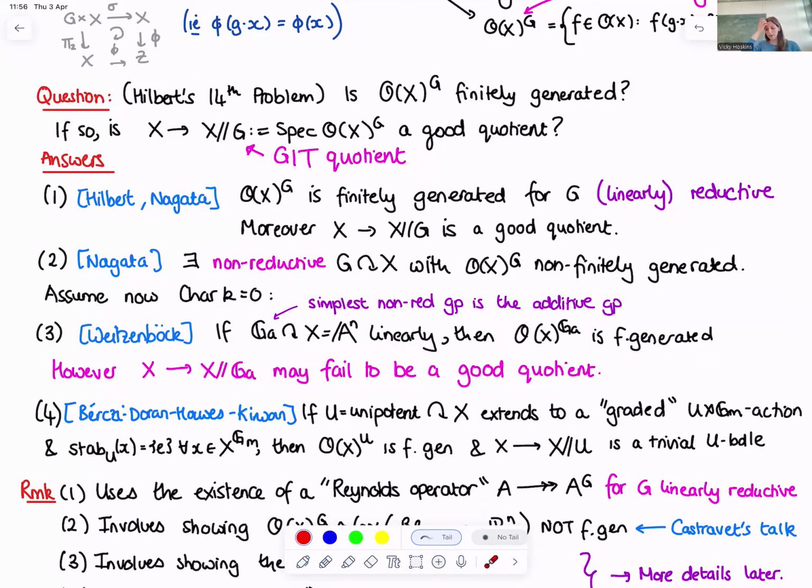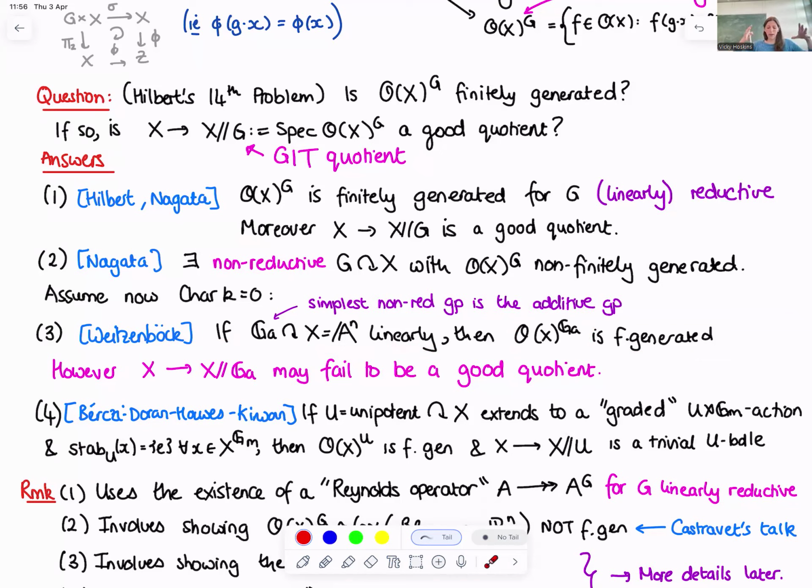But unfortunately, when you take this induced GIT quotient, it's not going to have the properties of a good quotient. So for example, it might not be surjective. And even if you just look at the image of this map, the image might just be constructible. So I'm going to discuss some examples to show you what can go wrong.